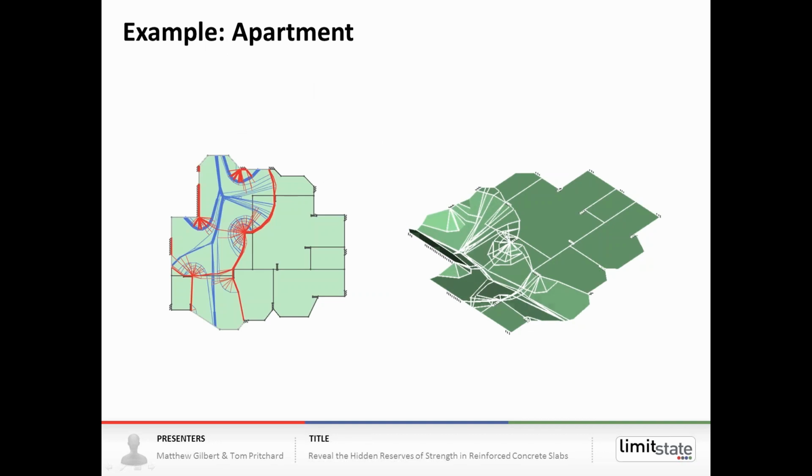In terms of the approach that we'd adopt in the software, the key thing is getting the geometry in, get the slab properties in, and press a button, and literally a few seconds later you get the critical yield line pattern and failure mechanism that you can see visualized on the right.